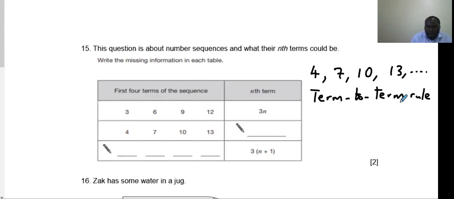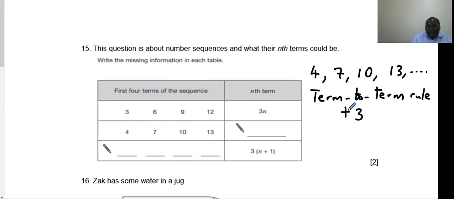Now, what is the term to term rule here? From 4 to 7 is add 3, 7 to 10 is add 3. So the term to term rule is positive 3, meaning add 3. So we use the term to term rule to generate the nth term. How? Just look here. The first number here is 4.